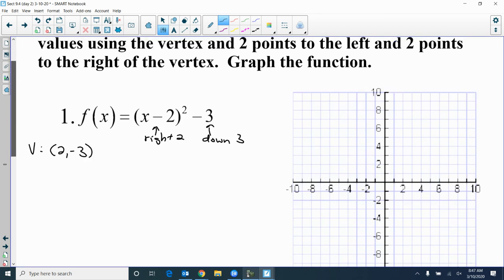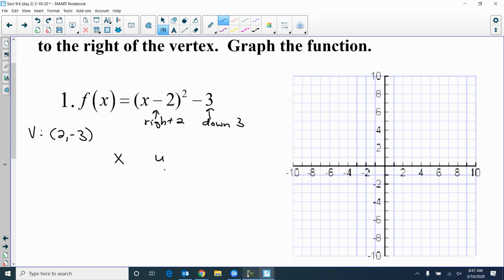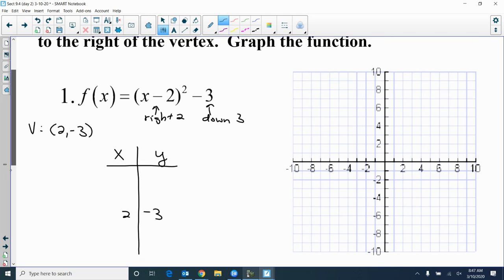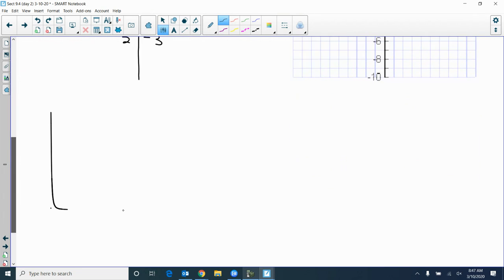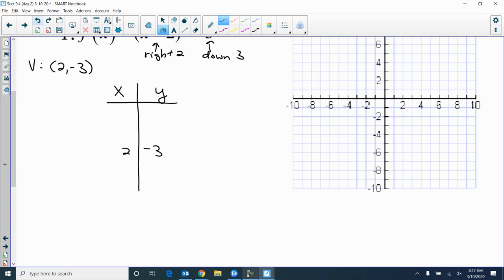All right, now you got room there on the left. You're going to have an XY table. 2, -3 will be in the middle. I don't know if this helps you or not, but here is 2. I need 2 points to the left of 2. What are the 2 points to the left? 1 and 0.